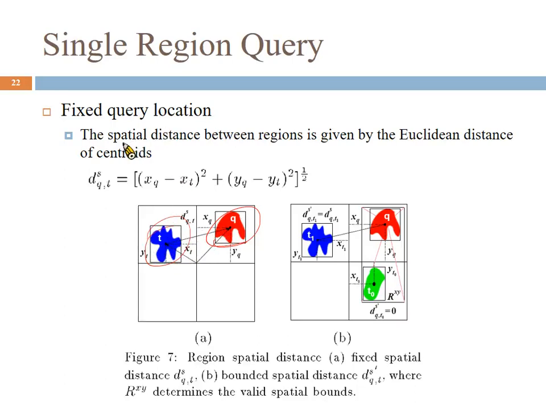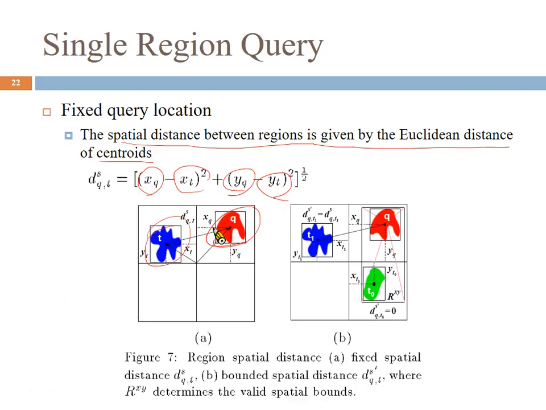The spatial distance between regions is given by the Euclidean distance of centroids. XQ and YQ is the location of the query region, and XT and YT is the location of the centroid of the target region.